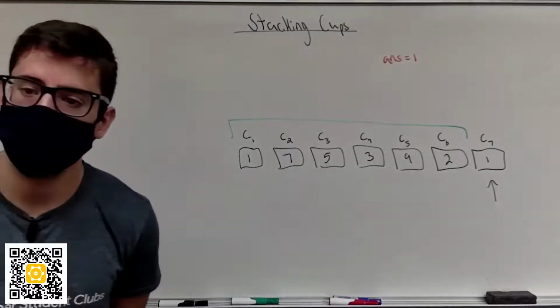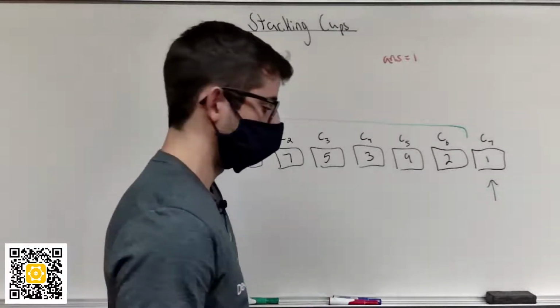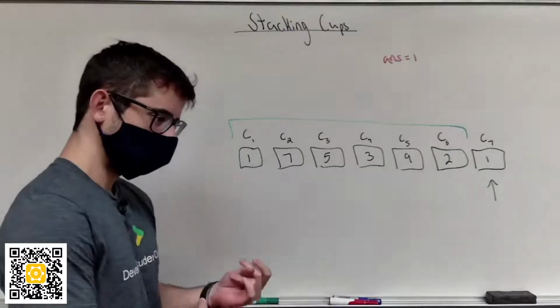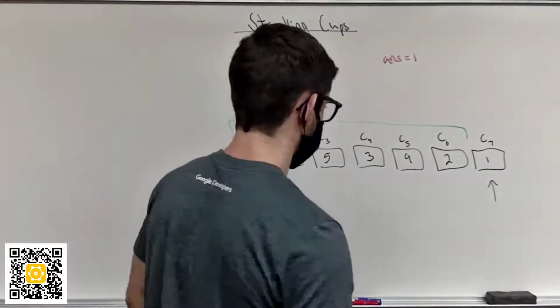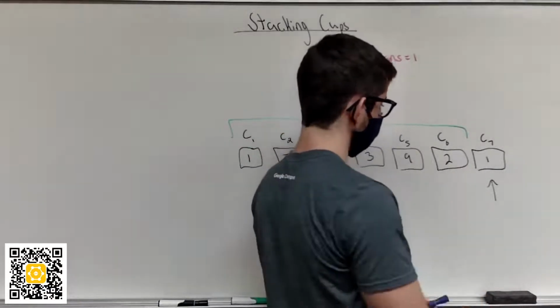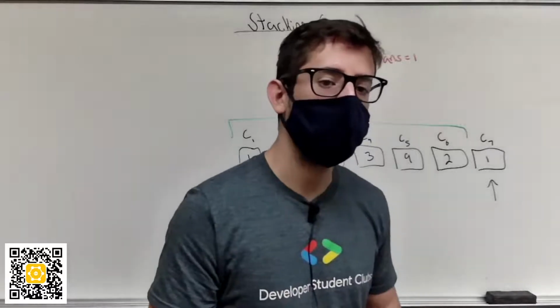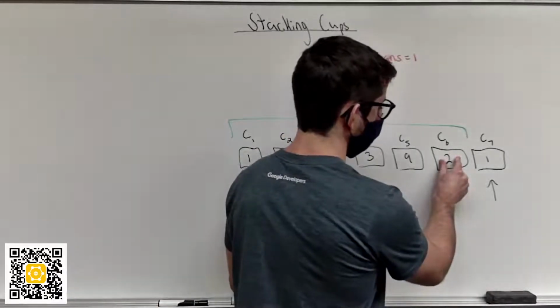You don't know? Okay. So what we want to do is not only take into account once we see a larger number, we want to take 2, right? But we also want to take the cups that are larger than 2.